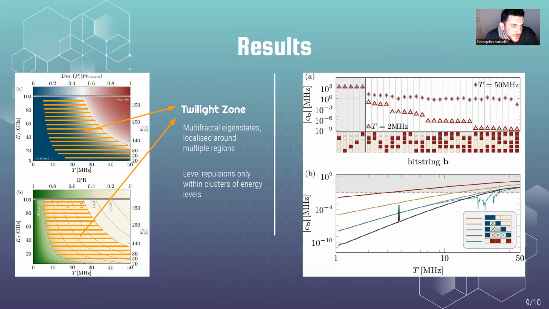The leading assumption is that there is some intermediate phase where you have multifractal eigenstates, meaning that your states are not exactly localized around one position, but they might be localized along several different positions across your system. And level repulsions may only occur within specific clusters of energy levels. So it's an intermediate behavior between being fully chaotic and fully MBL, which is what is happening here.